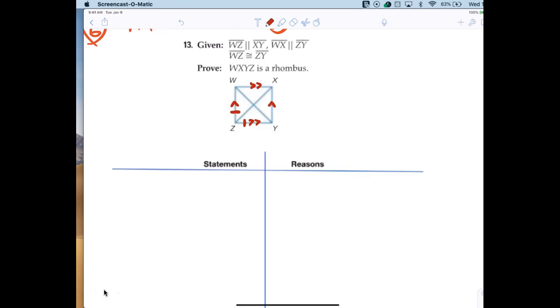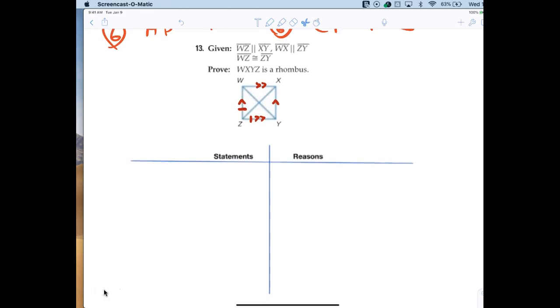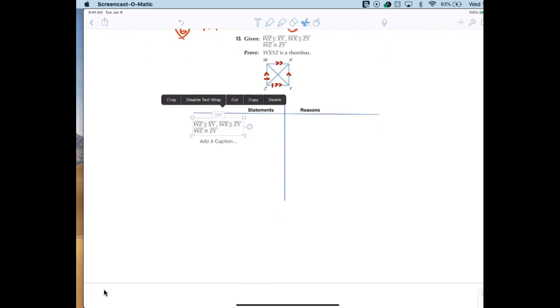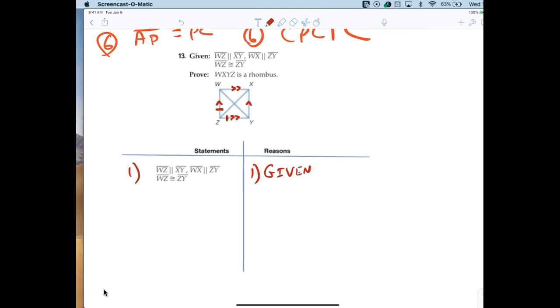And I'm trying to prove that that is a rhombus. I think this is kind of easy. All right, but I definitely need some help. So let's go ahead and put this in. All right, given.